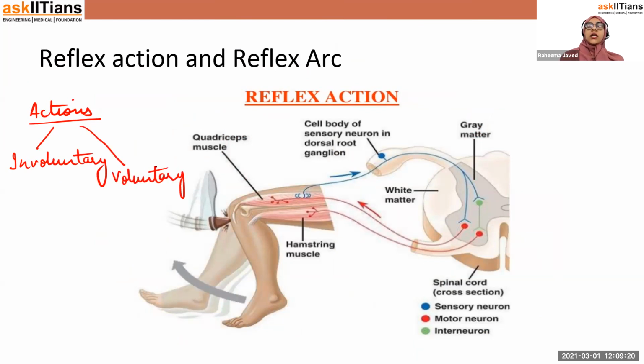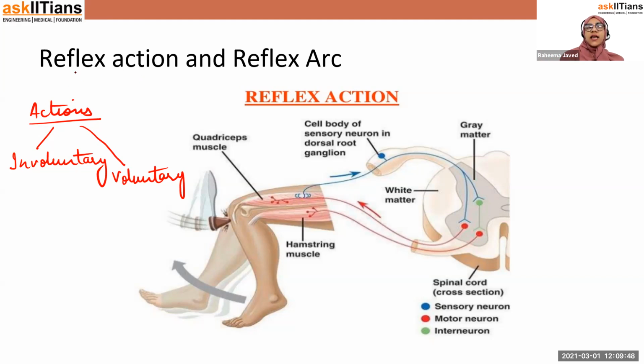Voluntary actions are under the will of an animal. For example, I am moving my hand right now to write on the board. Involuntary actions, on the other hand, are like the digestion going on right now inside me, or the breathing movements of the lungs, the heartbeat. All these are involuntary. They are not under my control.